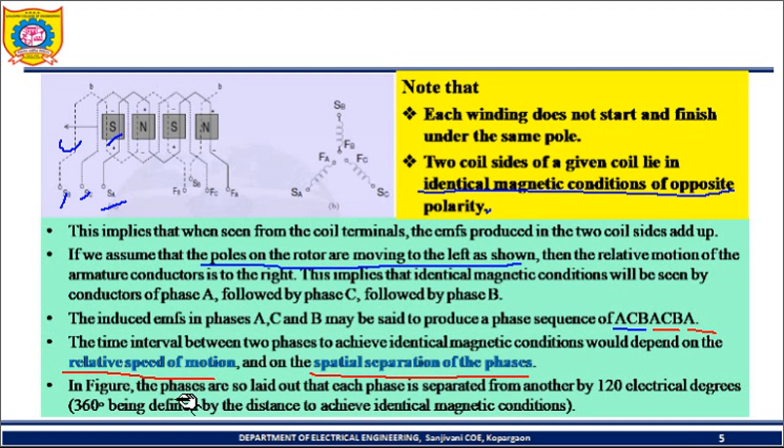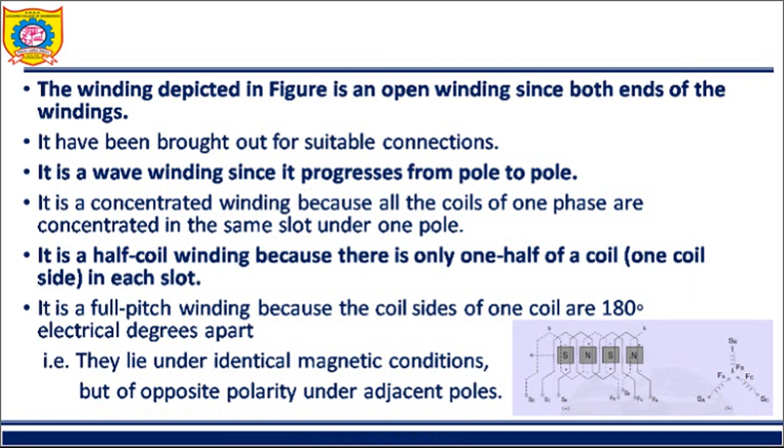If you look at the figure, the phases are laid down so that each phase is separated from one another by an angle of 120 electrical degrees. Is the concept clear?